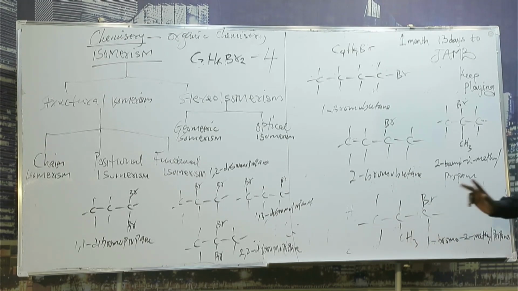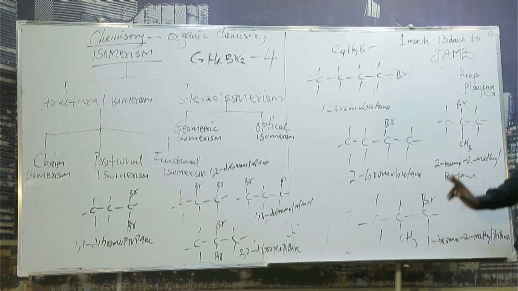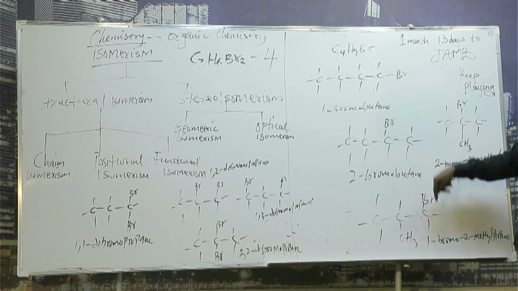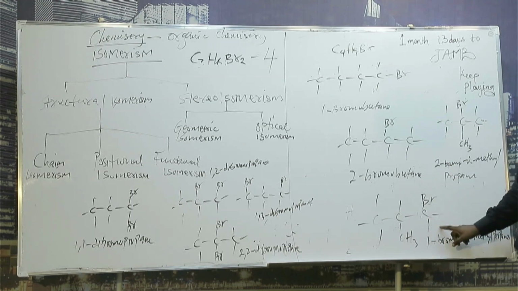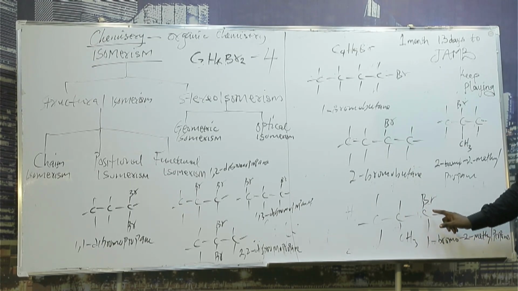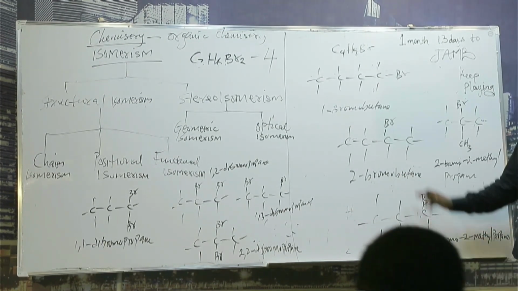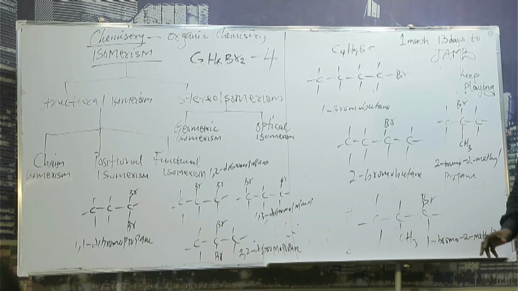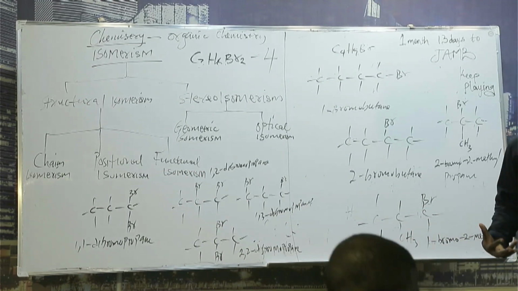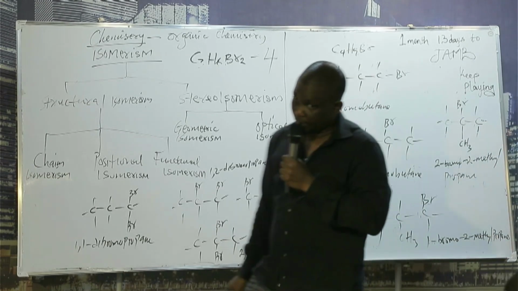It's chain. They are not only chain, they are chain and at the same time positional. Here is bromine, here is bromine. Once the functional group changes position and the chain also changes position, in this pair these two isomers are chain and positional at the same time. Take notes.